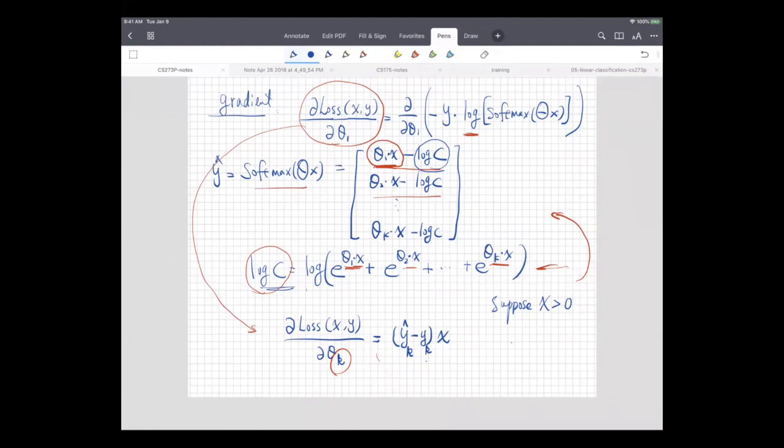Suppose your ground truth label is equal to 2, which means y is going to represent this vector here. The equivalent representation in one-hot will be 0, 1, 0, where only the second entry is 1 and the others are 0.